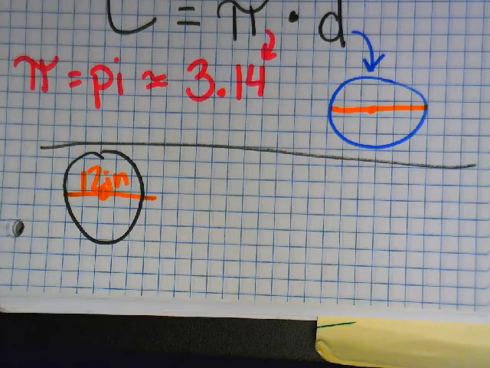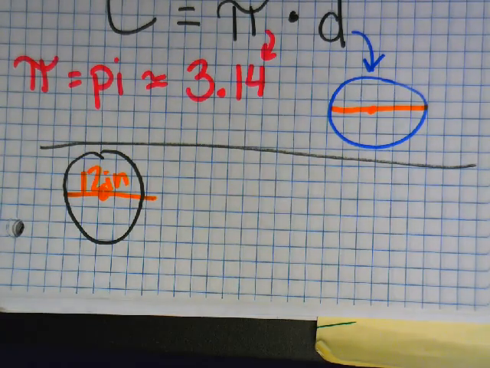No, because it doesn't bend, right? So a mathematician discovered if you measure across, which you can because it's flat, and multiply it by this magical number, 3.14, you will get the measurement going around, which is pretty cool.